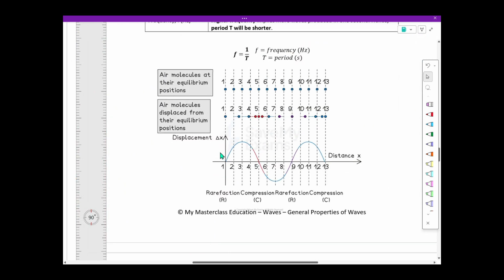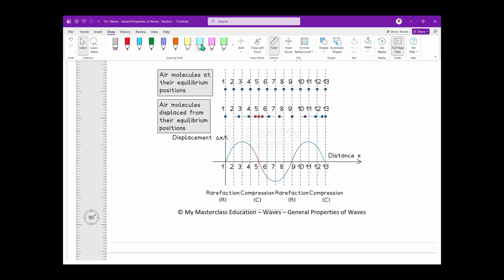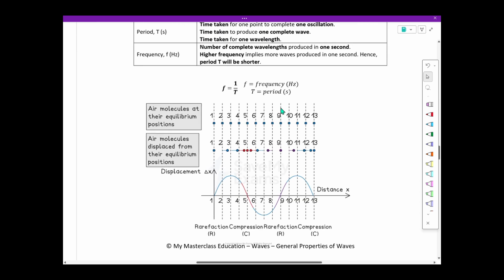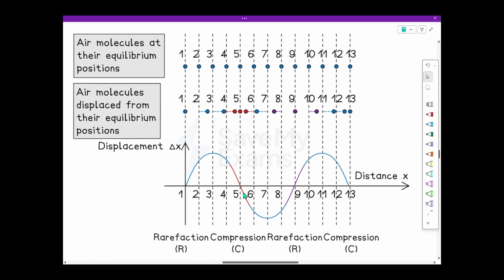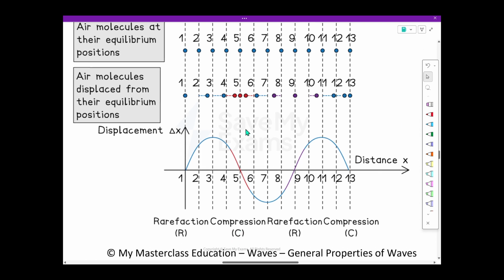My drawing isn't very clear, so let's take a look at the one that is prepared beforehand. You can see that because of the wave that travels, there will be a point where there are more particles, and this point is what we call your compression. This point is where air is compressed. And then if you notice, there is a point where there are no air particles, or just one air particle by itself.